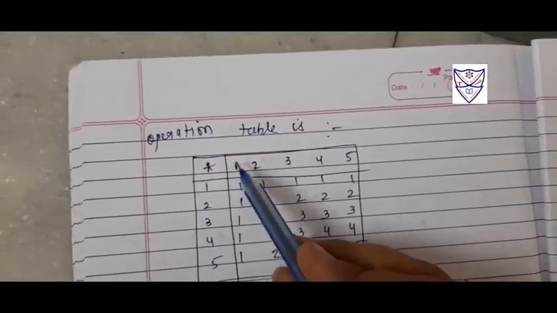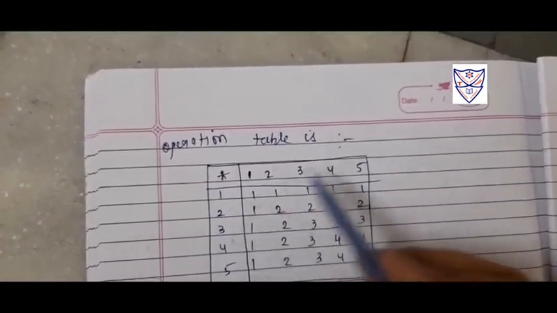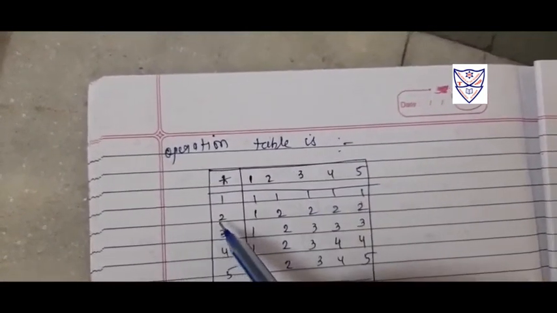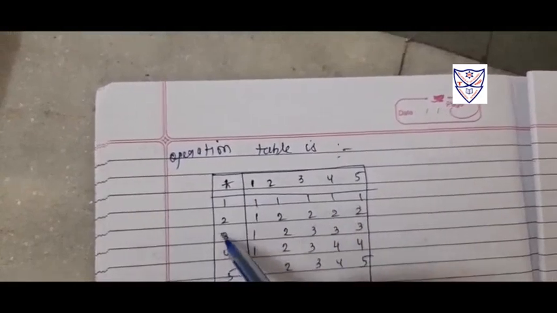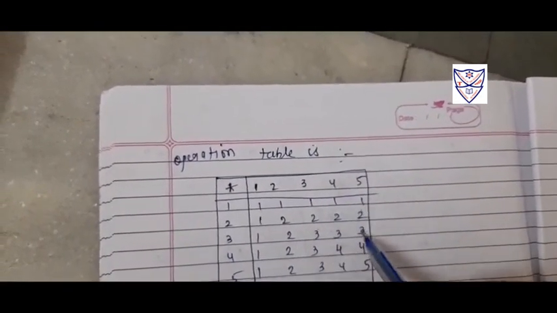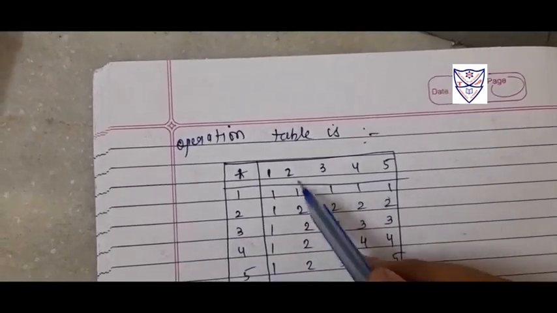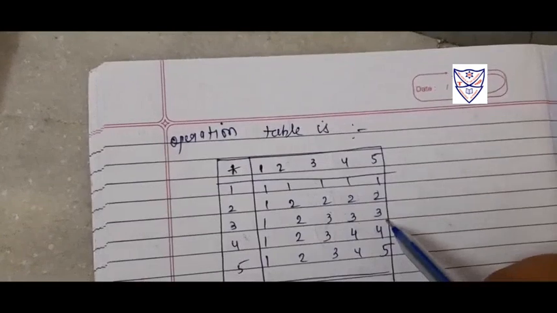Minimum value of (1,1) is 1, (1,2) is 1, (1,3) is 1, (1,4) is 1, (1,5) is 1. Now minimum value for (2,1) is 1, (2,2) is 2, (2,3) is 2, (2,4) is 2, (2,5) is 2. Minimum value for 3: (3,1) is 1, (3,2) is 2, (3,3) is 3, (3,4) is 3, (3,5) is 3.